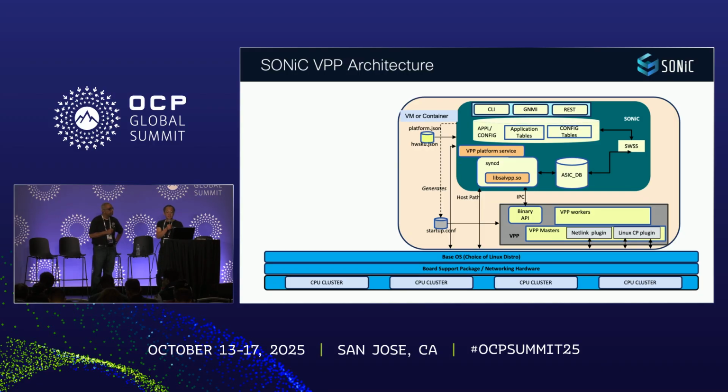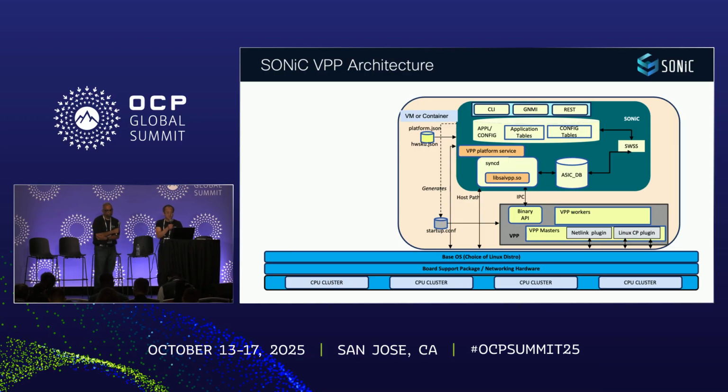And the Linux CP plugin is responsible for sending and receiving traffic from the control plane. The Netlink plugin listens to Netlink events and receives interface up-down notifications.